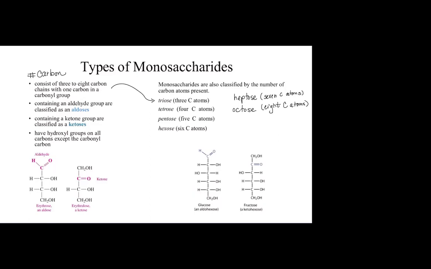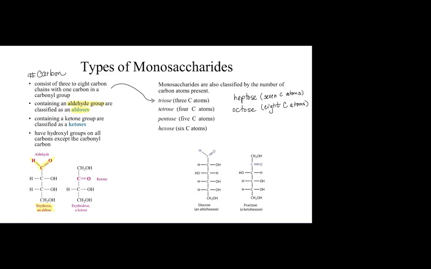Now, when it comes to the carbonyl functionality, if your monosaccharide has an aldehyde group, then that is known as an aldose. You can see here the molecule of erythrose. It is an aldose because it has an aldehyde in its structure.